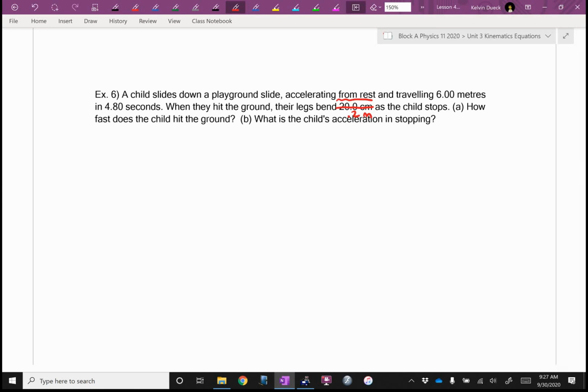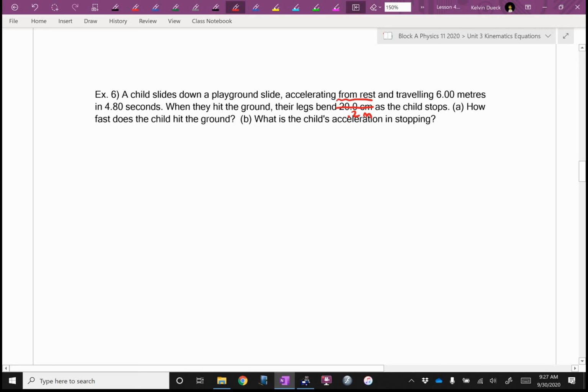Alessio, what does A want me to find? So in physics terms, what does it want me to find? I think V final. What does B want me to find? Isn't V final 0 for part A?